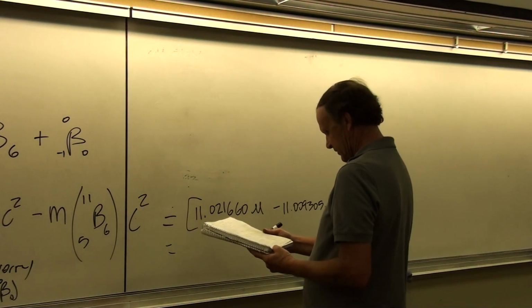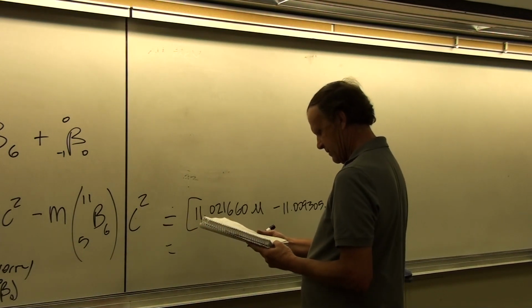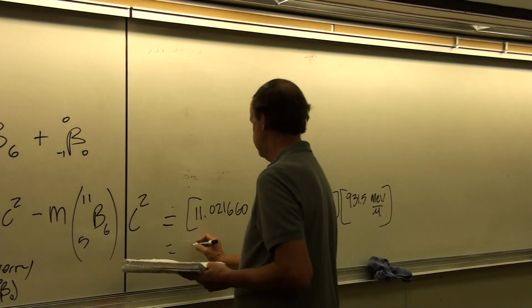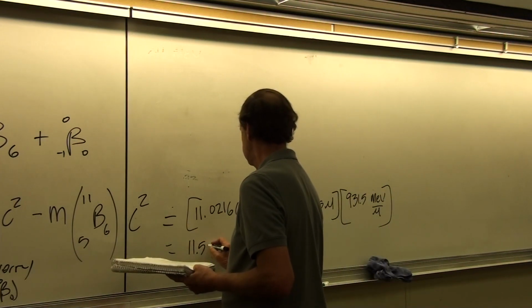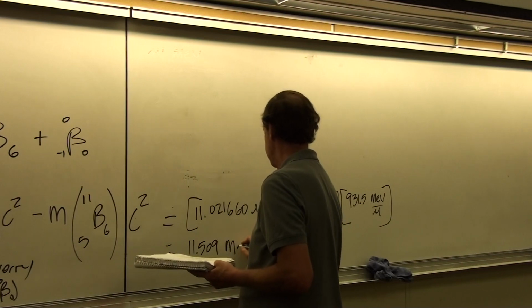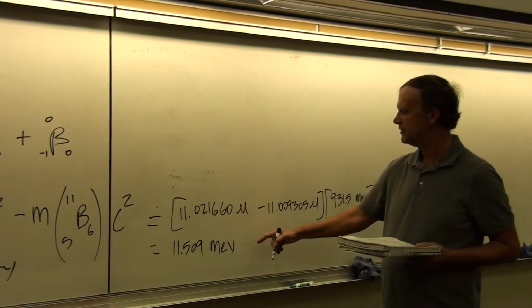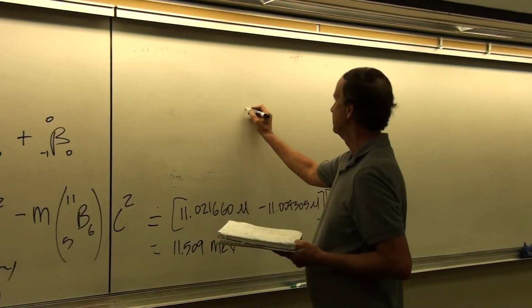So that gives us a Q value for this reaction of 11.509 MeV. And here, almost all of this goes into the beta particle.